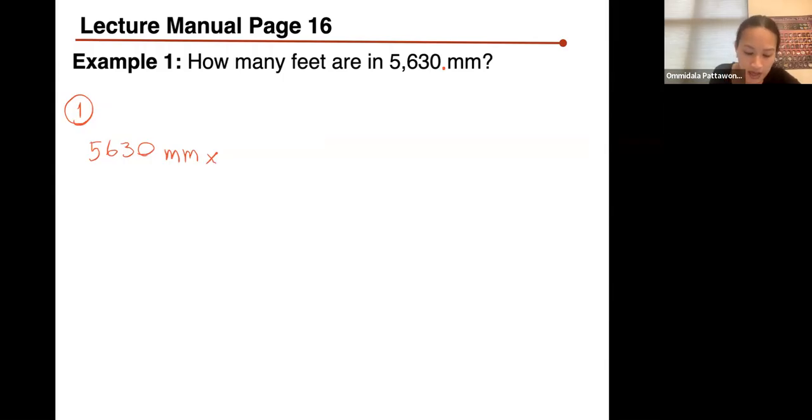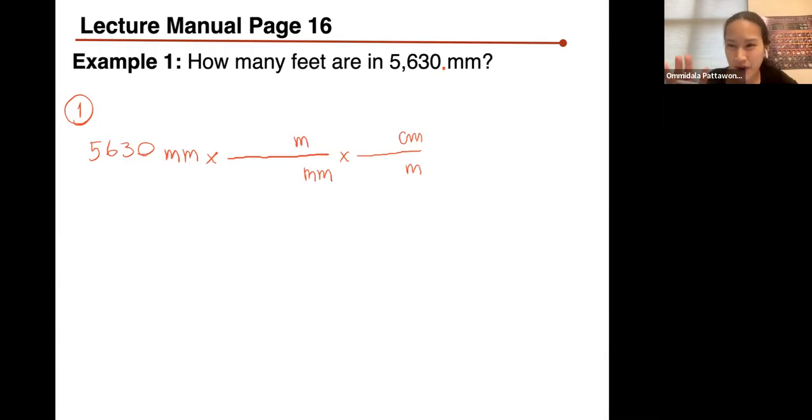Because I want to cancel the millimeters, millimeter has to be on the bottom. And because I want to convert this into the base unit, which is meter, meter would be on top. And because I want to get centimeter eventually, centimeter has to be on the top, and I'm going to get rid of meter, so meter is going to be on the bottom.